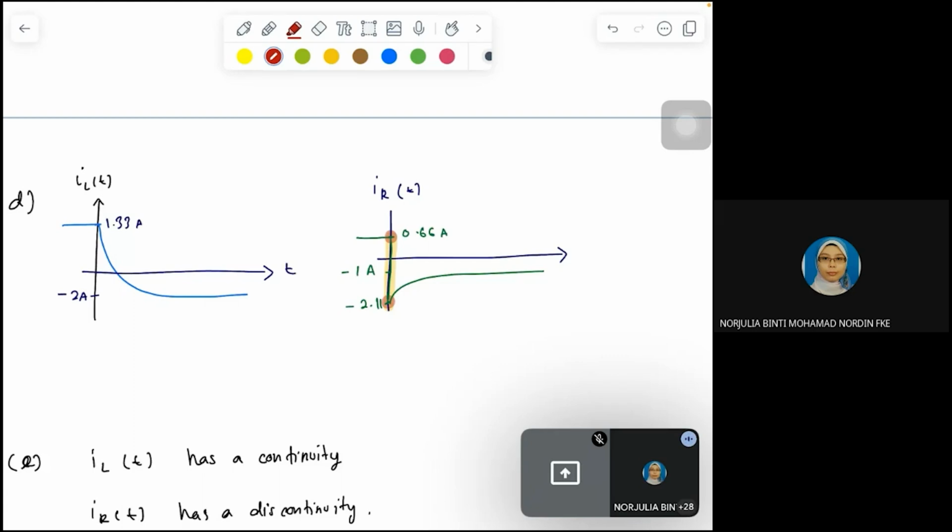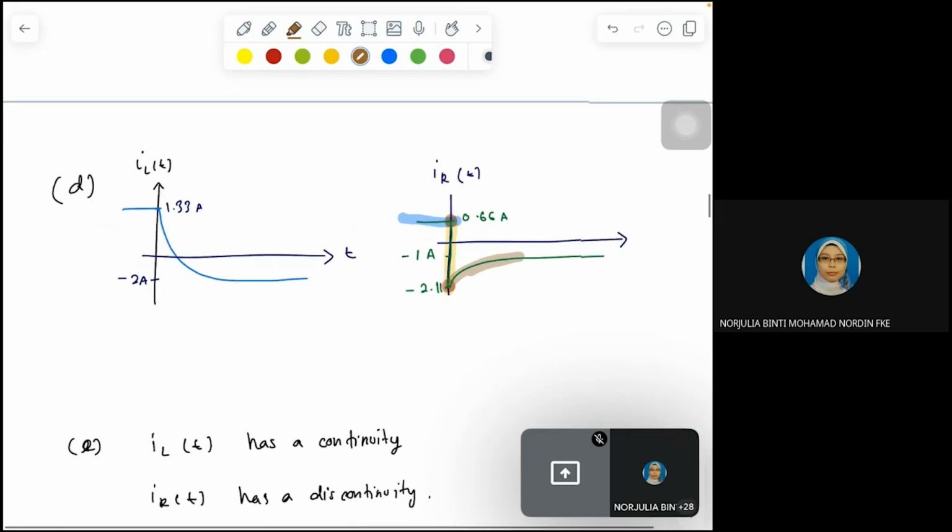It seems like the blue graph and the brown graph have a different identity. That's why we call this particular situation a discontinuity.